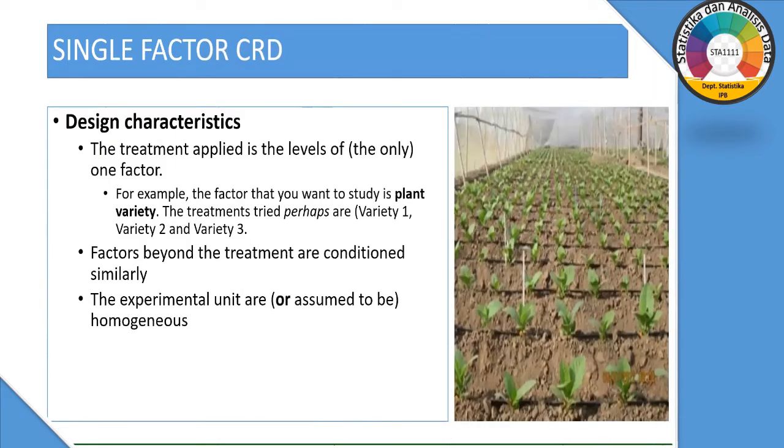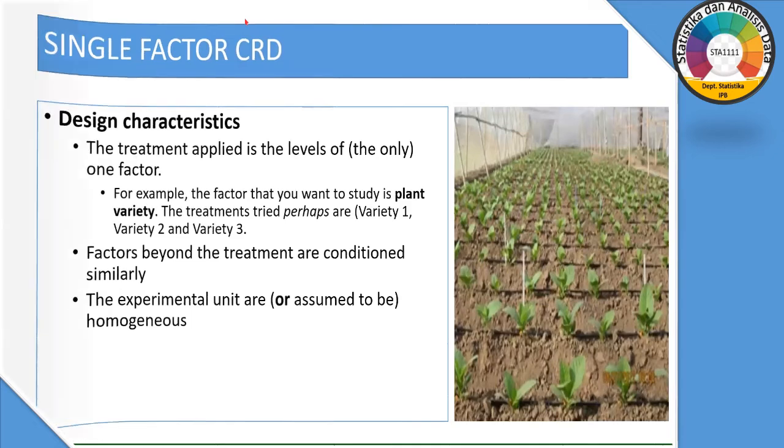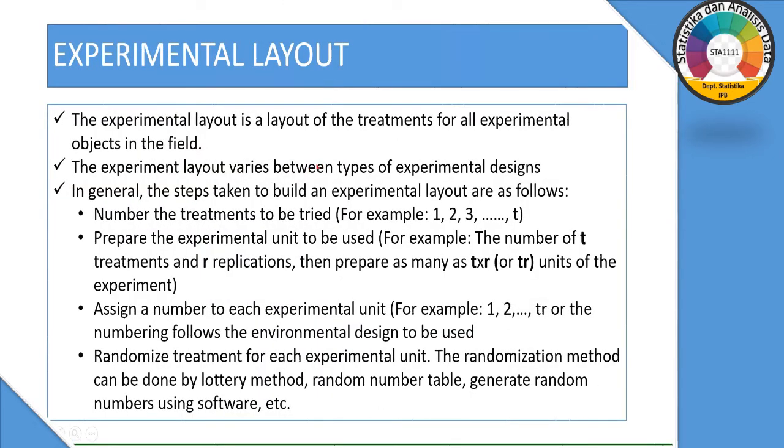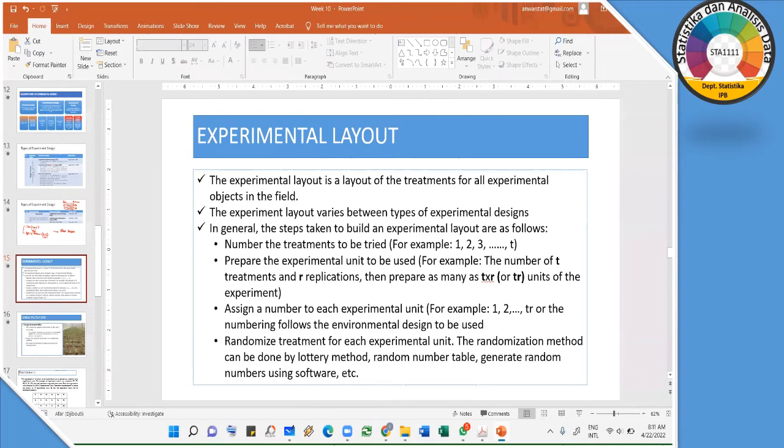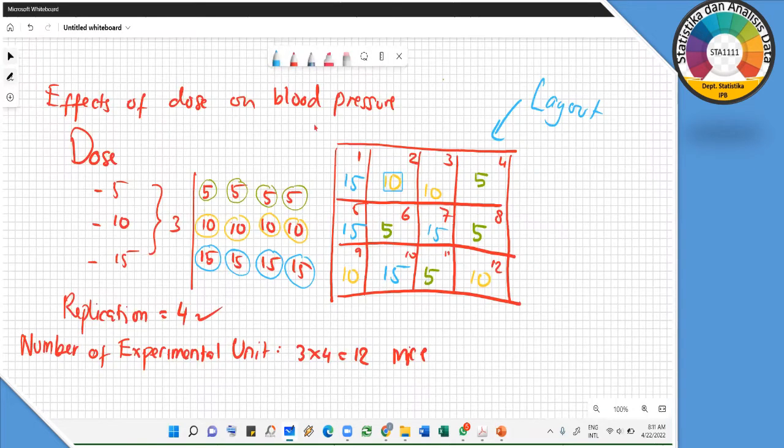Okay, this is a single factor CRD as an illustration. This is the simplest experiment you can do: one factor, single factor, and completely randomized design. So that is the way to conduct this experiment, a single factor CRD, exactly like what I explained to you here.